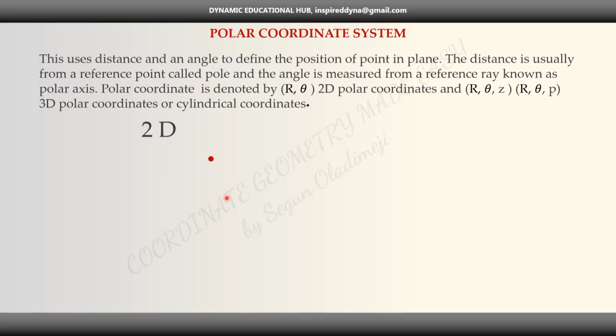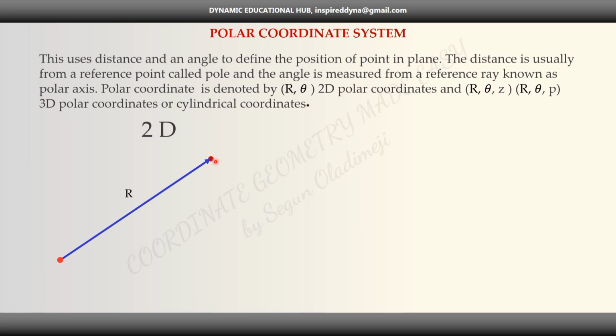Now let's say you want to describe this point. The first thing is you have a reference point as shown, and you can draw the distance from that reference point to the point you want to give the coordinates of, and that distance you call your r, which is the radius.